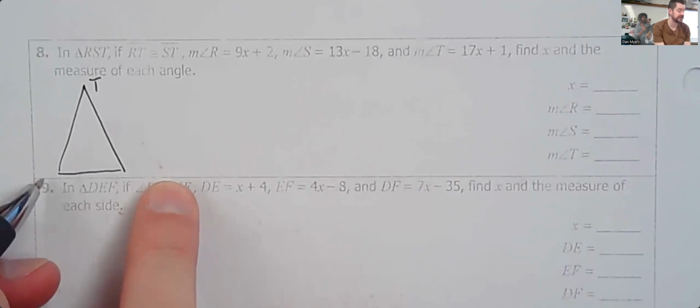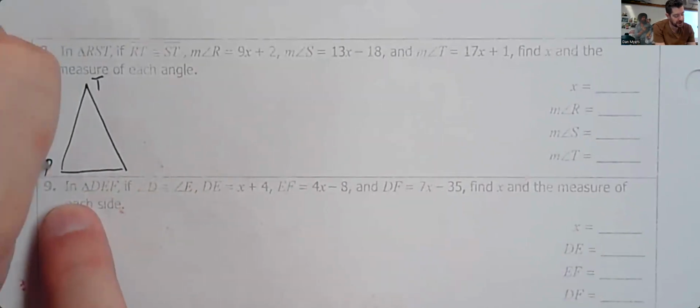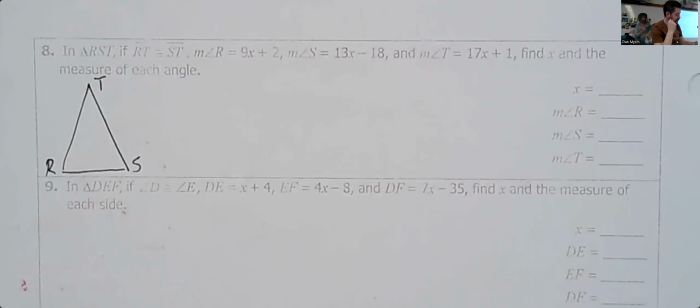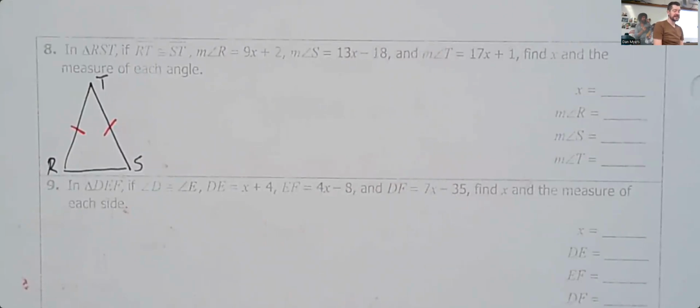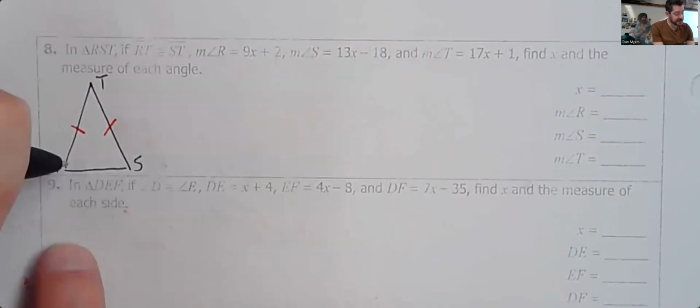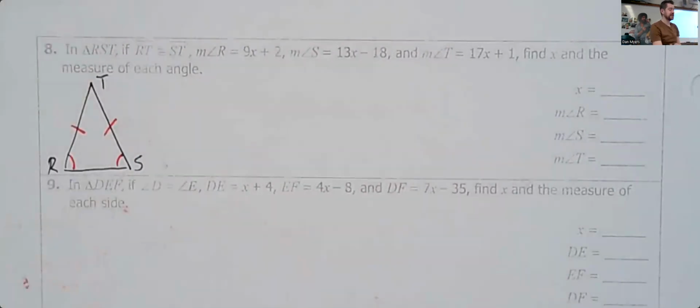Once you get your vertex angle, it doesn't matter where the other two go. So I'm going to put R here, and I'll put S there. Now it told us that RT is congruent to ST, which also means that which of the two angles are congruent? Yeah, R and S are congruent because those are the base angles.